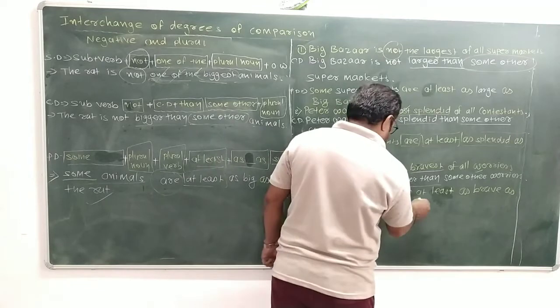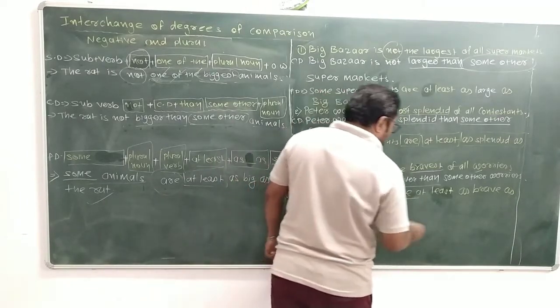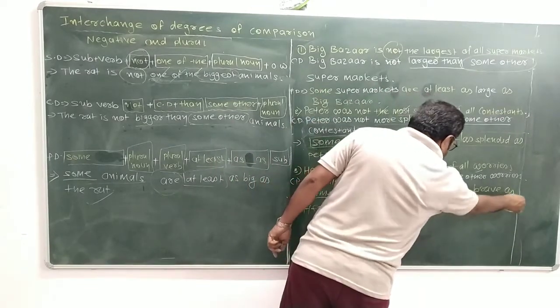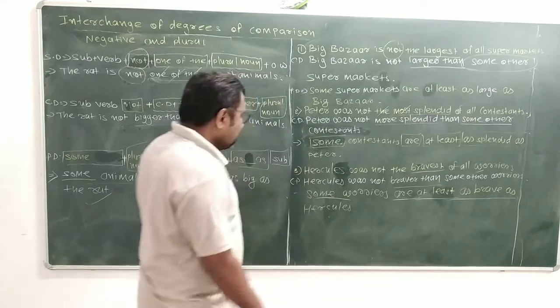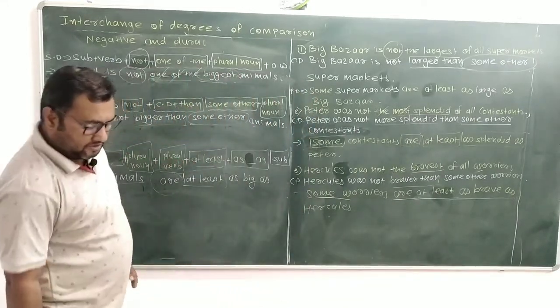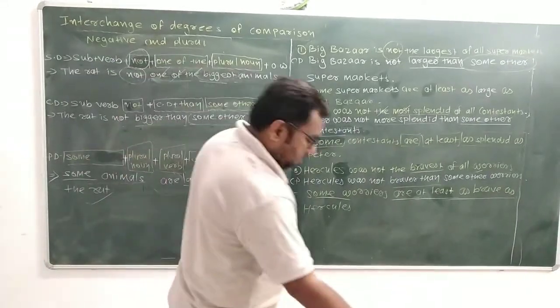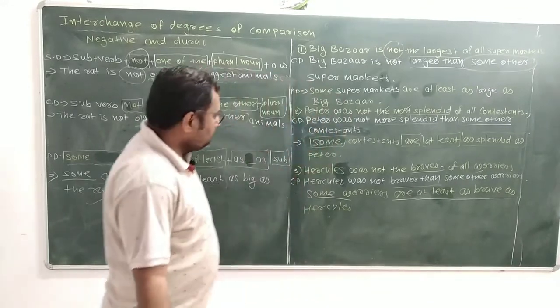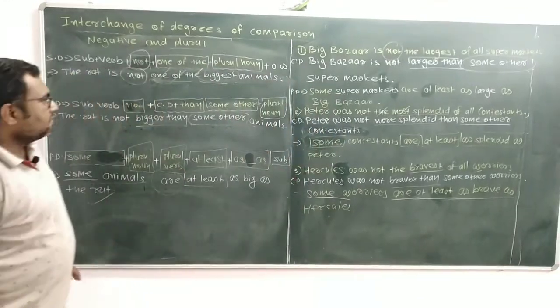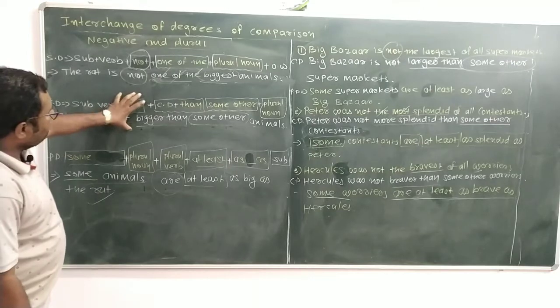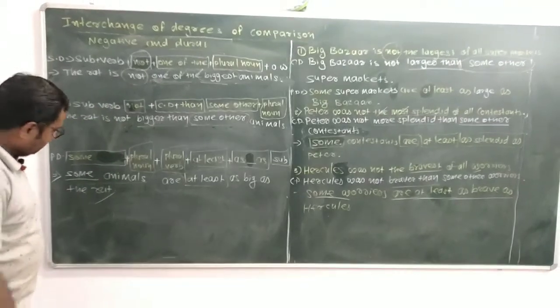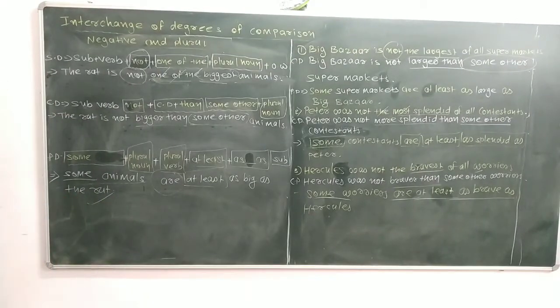So we add here some other warriors at least as brave as Hercules. The structure of the negative sentence is different here. Please remember the structure. Now you can write in your notebook.